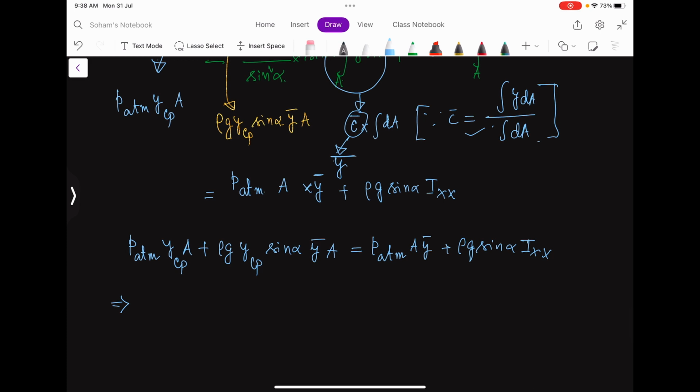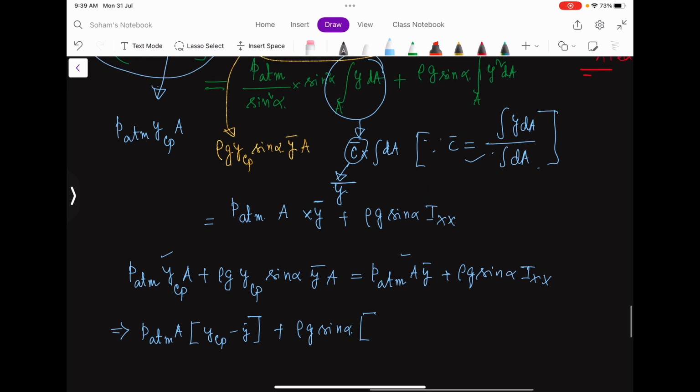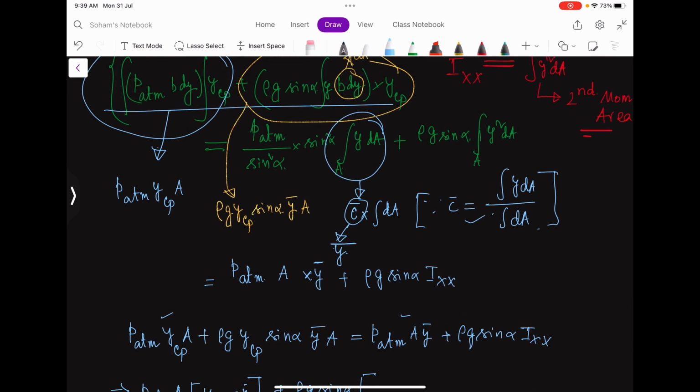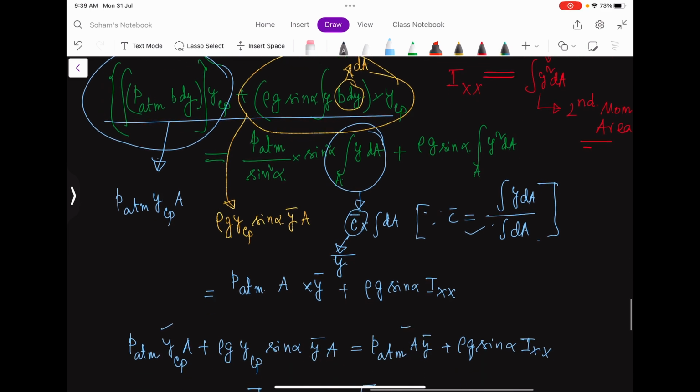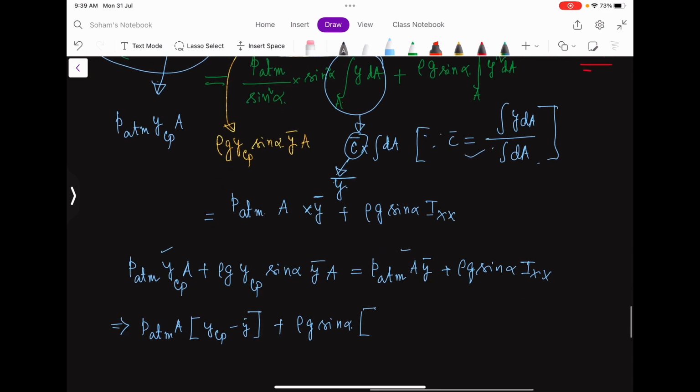Then if I can take this p atm A common from this term and this term, then I have this ycp minus y bar. And if I take rho g sin alpha common, then I have something into sin alpha common.